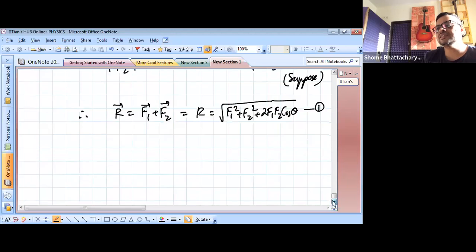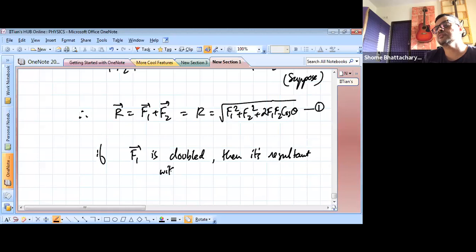Okay. Now it says that if F1 is doubled, then its resultant with F2 also doubles in magnitude.